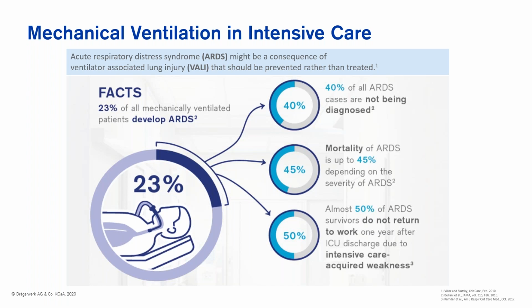So we're not just talking about the short-term complications in the ICU and the workload on the intensivists, respiratory therapists, and nurses, but we're also talking about the long-term consequences for the quality of life of the ICU survivors, for the patients who have stayed in the ICU.